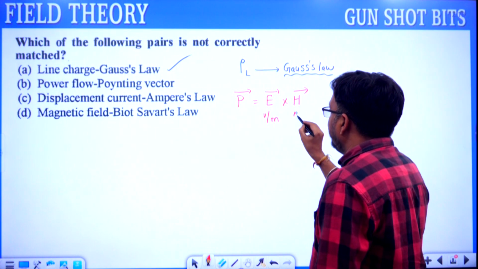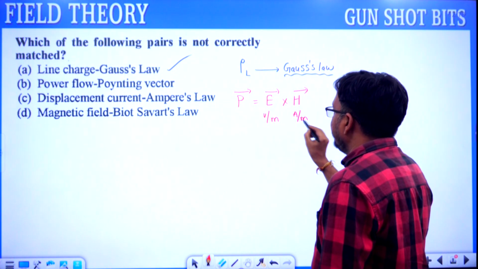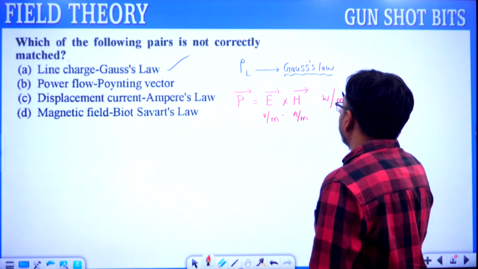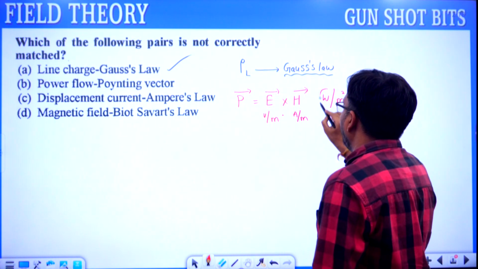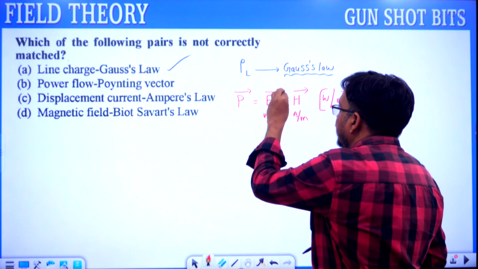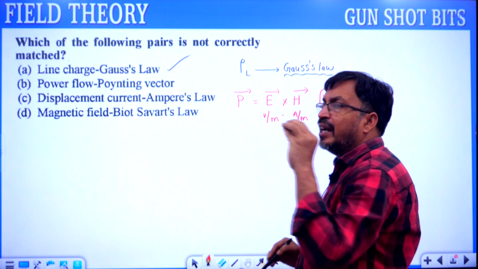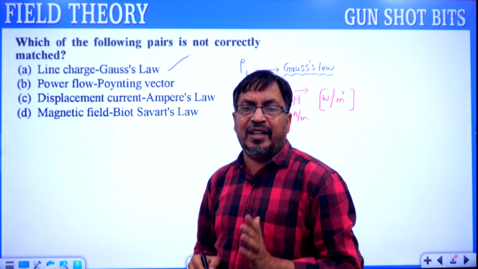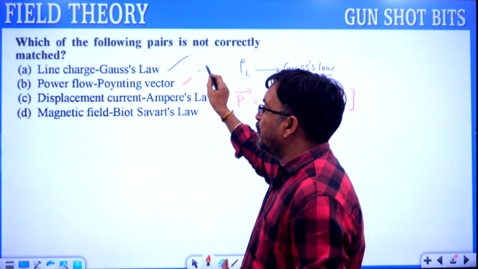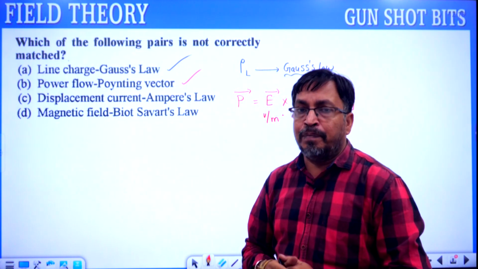H units are ampere per meter. Volts per meter times ampere per meter gives watts per meter square. So, by using this Poynting vector we can calculate power, hence this is also a matched pair: Poynting vector, power density.